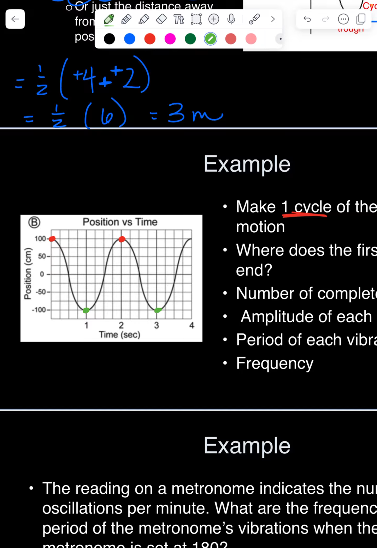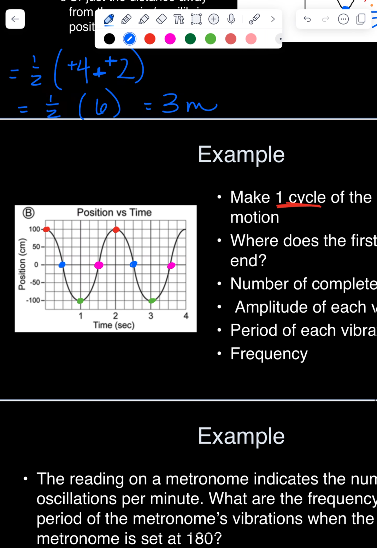If we did the beginning of this wave to the very beginning of the next wave, that's going to be one cycle. We could also say this random point, halfway between that crest and trough, we would have to go to the very same point on the very next wave. All of those are examples of one cycle.